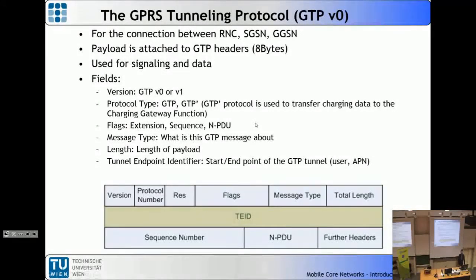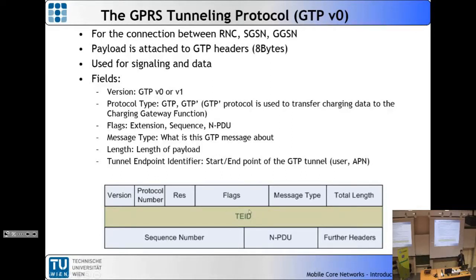Now we have talked a lot about the GPRS tunneling protocol, and this is basically the main protocol you would work with most of the time, because this is the protocol that transports any kind of user information or control information. The payload is taken and attached with a unique identifier for a user, which is the tunnel endpoint identifier, which is this one.